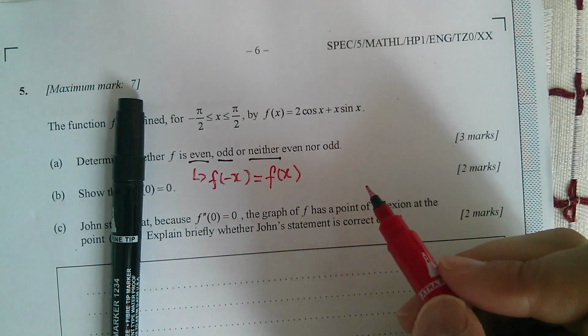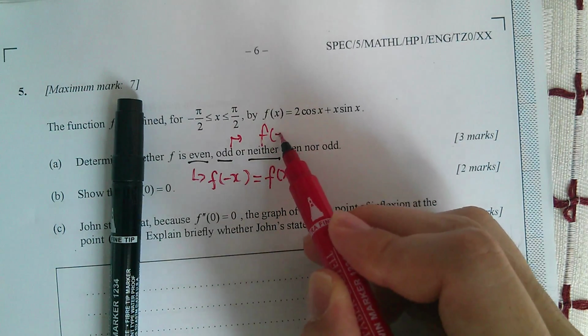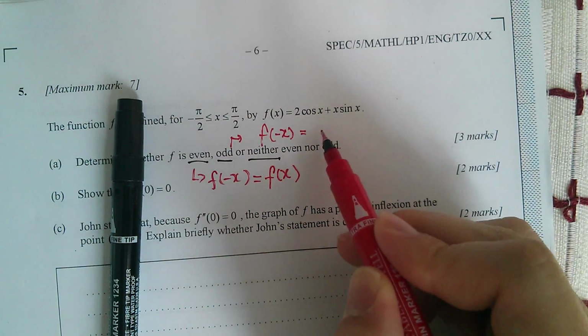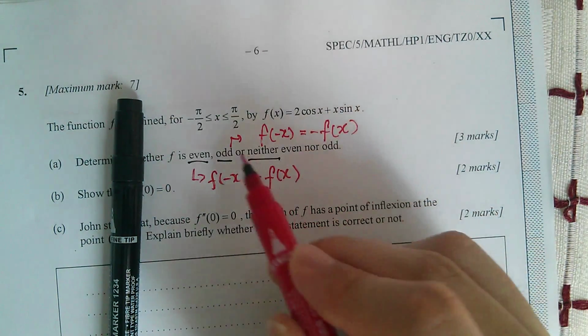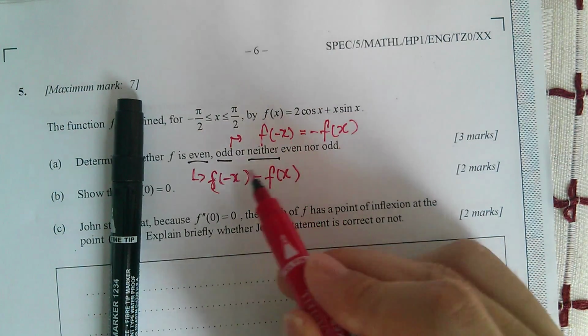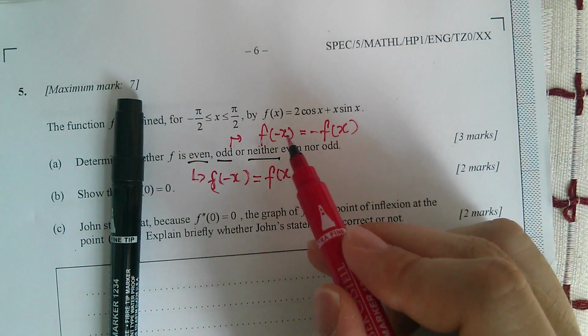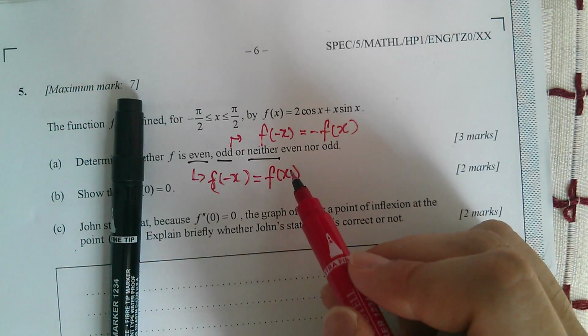So f of minus x equals f of x. For an odd function, if you input negative x, it would just be the same as negating the whole function. So this is an odd function. If you satisfy this, you're even. If you satisfy this, you're odd. If you satisfy neither, you're neither. You are not even nor odd.